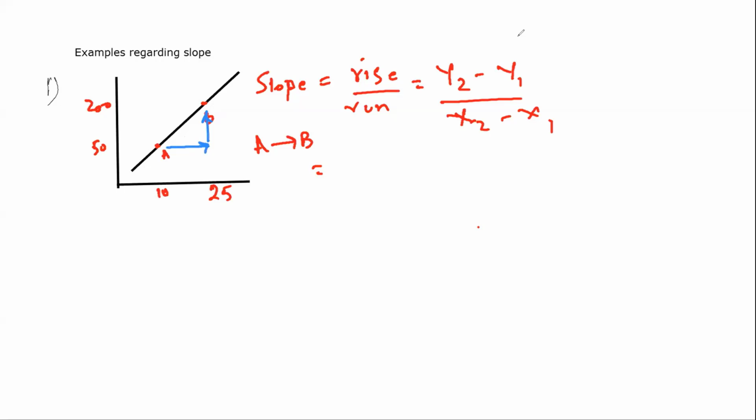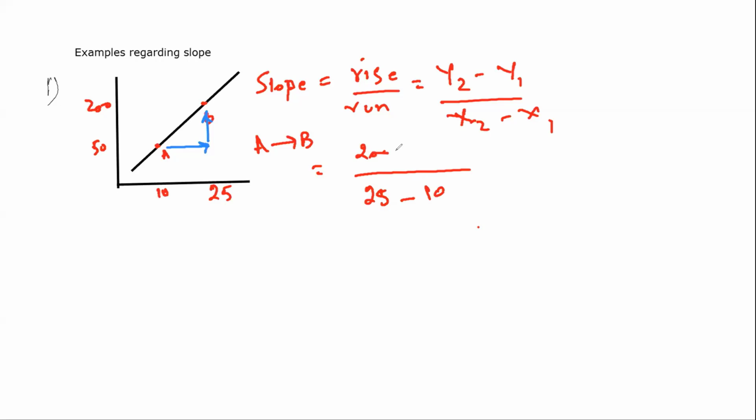Let's go back to red color. From A to B, first of all, there is a change in X, so we fill the X values first. X2 will be 25 because it's the end of the arrow, and X1 is 10, the start of the arrow. While going up, which is rise, the end of the arrow is 200 and the start of the arrow is 50.